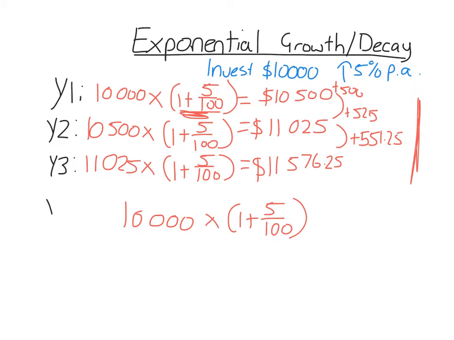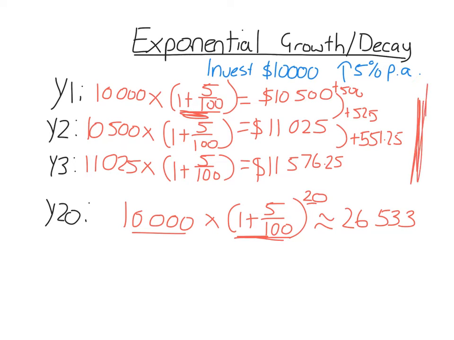So after 20 years, I can just take what I started with. I want to increase it by 5% 20 times. So I want to multiply by this 20 times, which is why I have to the power of 20. So I can just put that on my calculator and the answer I get is about $26,533. Doing that formula is much quicker than doing this process.